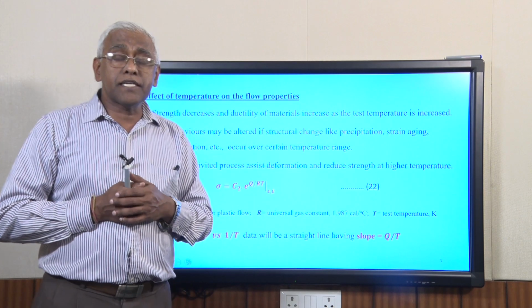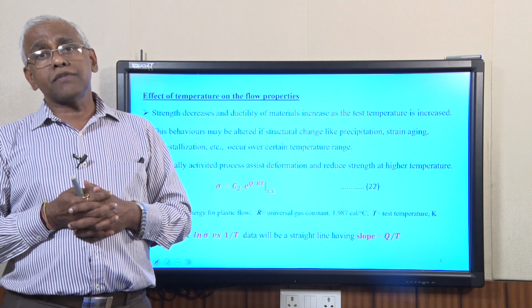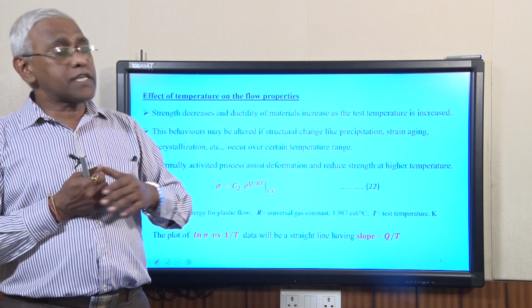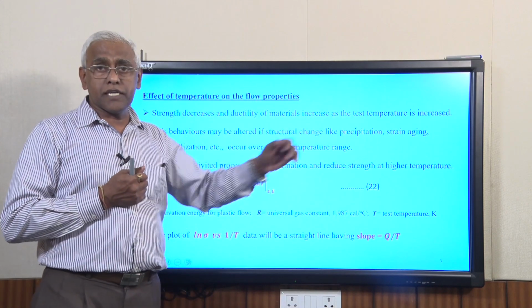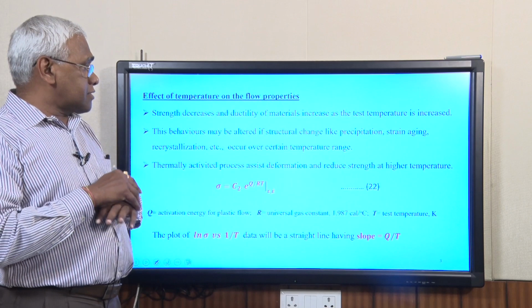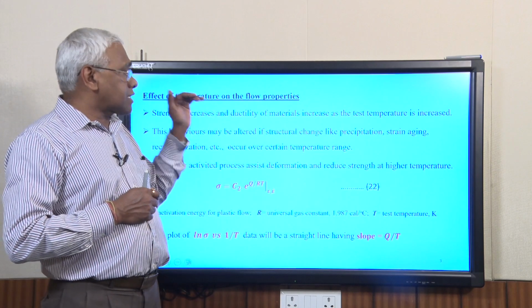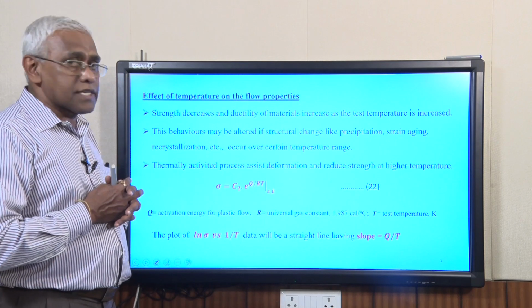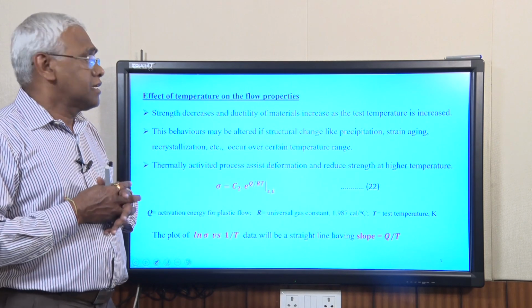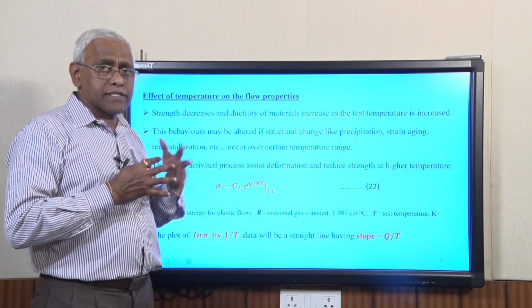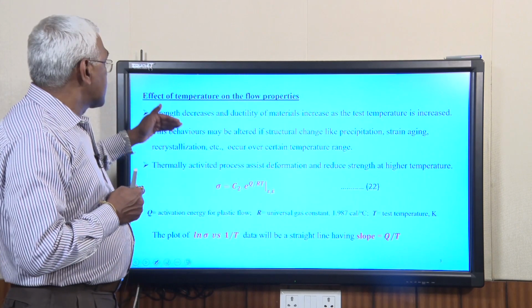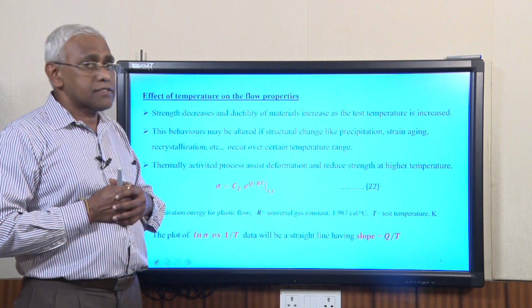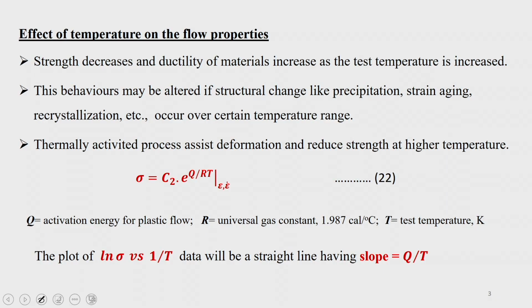Sometimes phase transformation may take place, and then also it may not follow this trend. But in the domain where the structural changes are not taking place, where a constant structure is obtained and there is no microstructural change or recrystallization, you will find that the strength decreases and the ductility of the material increases with increase in temperature.